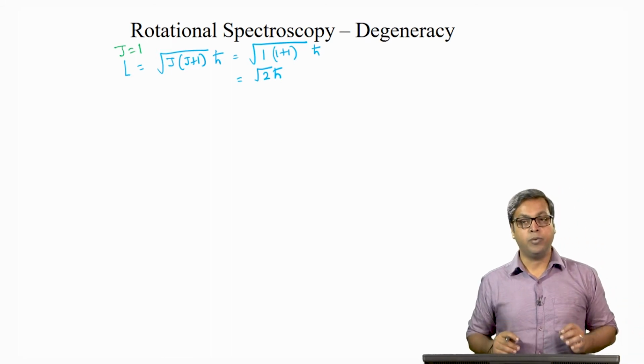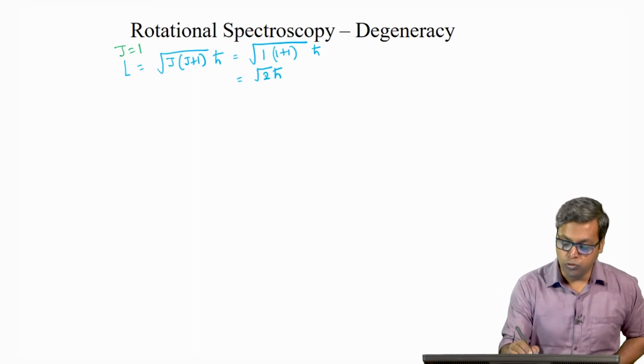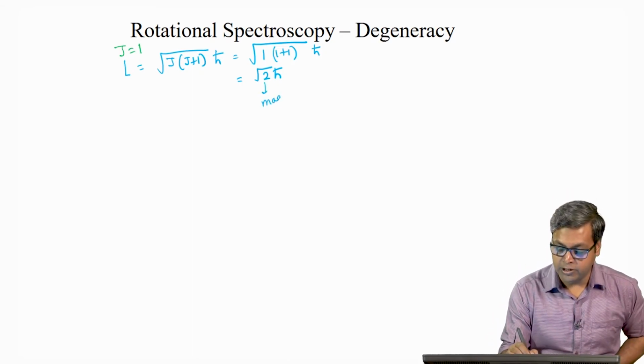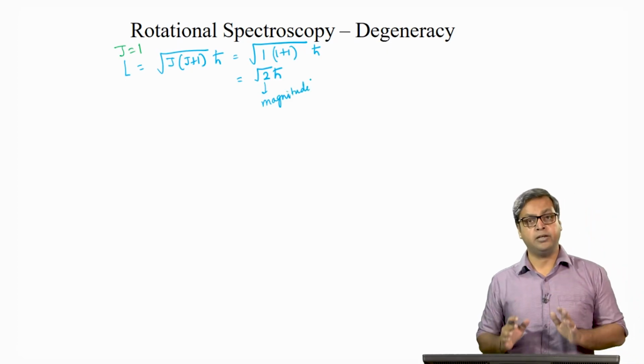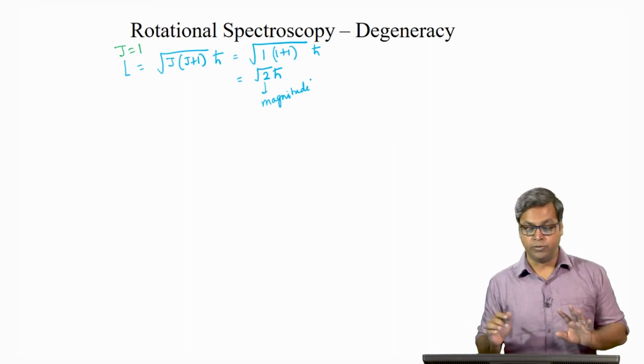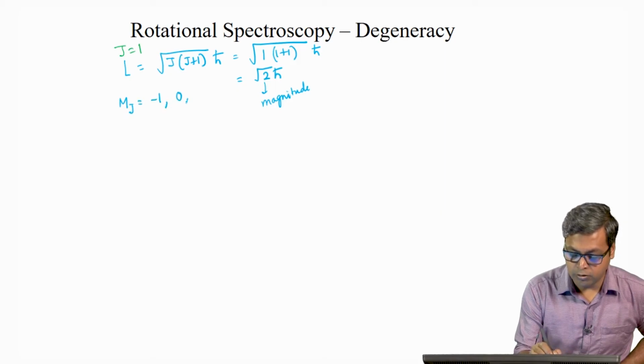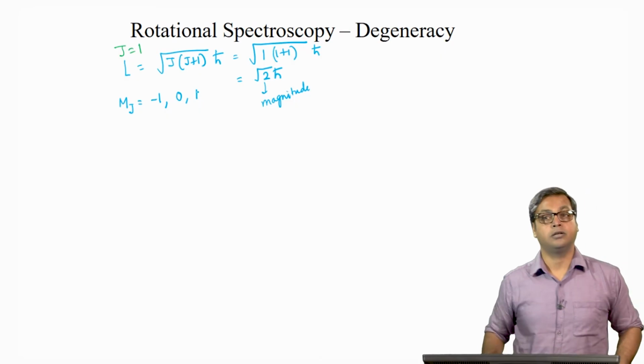Thus, the angular momentum vector has magnitude root 2. So, this vector with magnitude root 2 can have only 3 values of m j, because j equals 1, m j can be minus 1, 0 and 1.